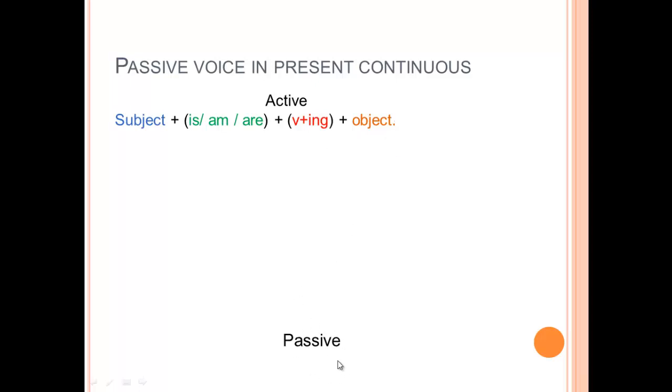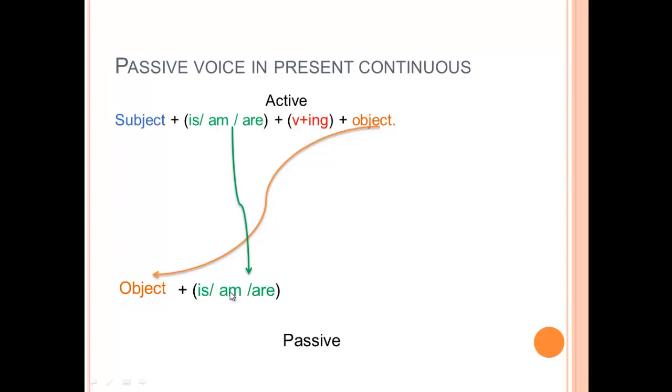But in the passive voice form we usually start with the object. Here it goes at the beginning of the sentence. Now for the verb to be, it goes all the way down, but this time the object takes the lead. That's why it has to be appropriate or suitable for the object itself, whether it is singular or plural.